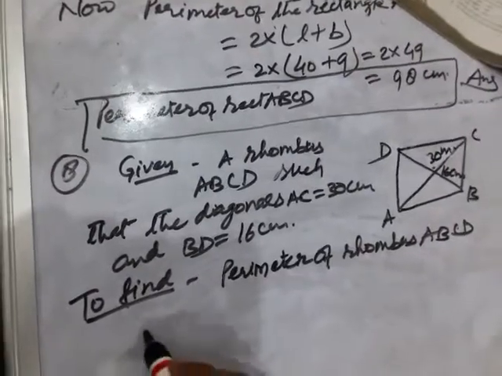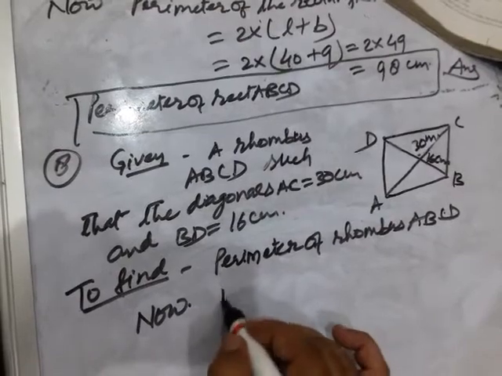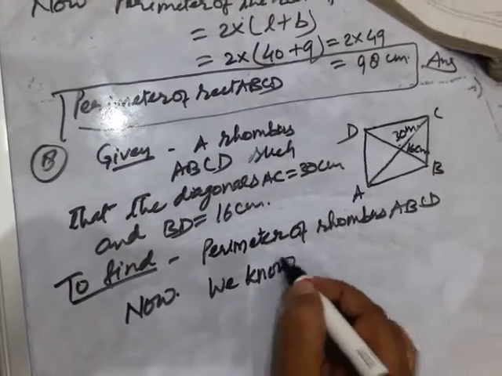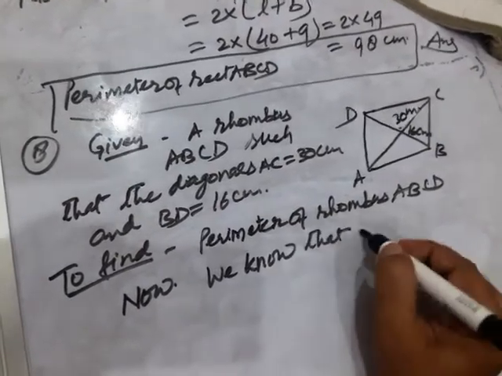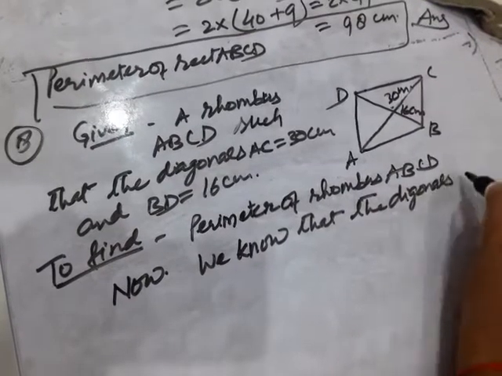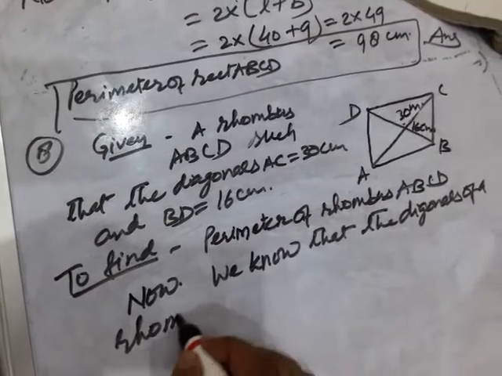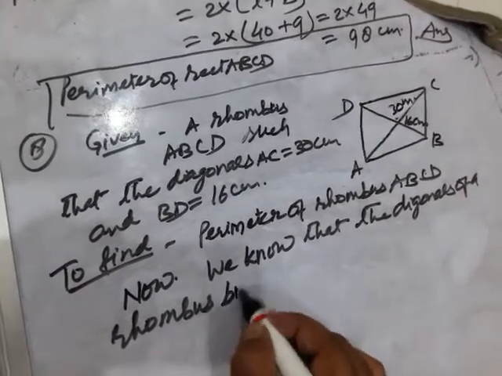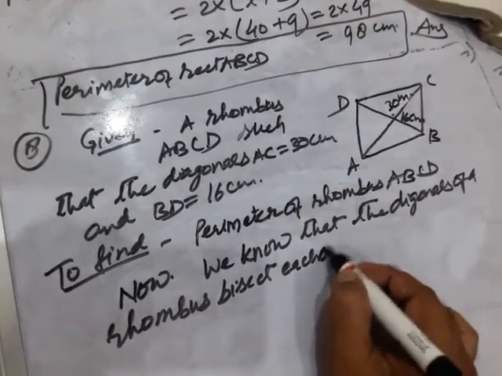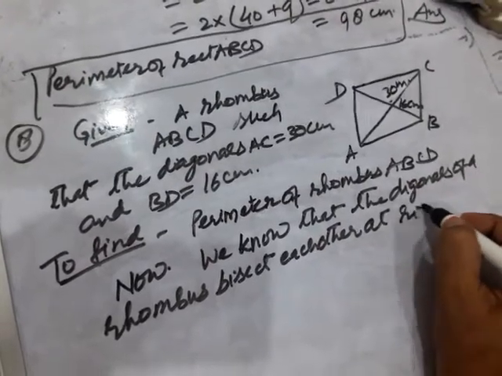Here we know that the diagonals of a rhombus bisect each other at right angle.